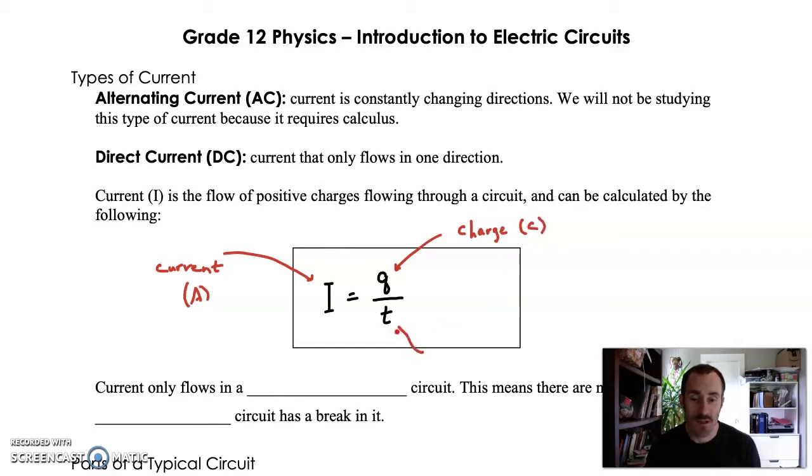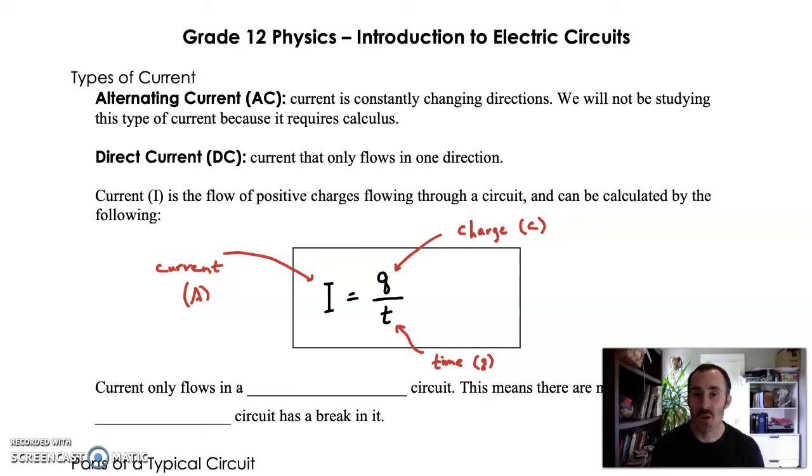And the time is measured in seconds. So in electric fields, you sometimes had the choice to use ECs, elementary charges, in your calculations as long as it matched your field measurements, your field units. In this case, you don't have the choice. It's just going to be coulombs.